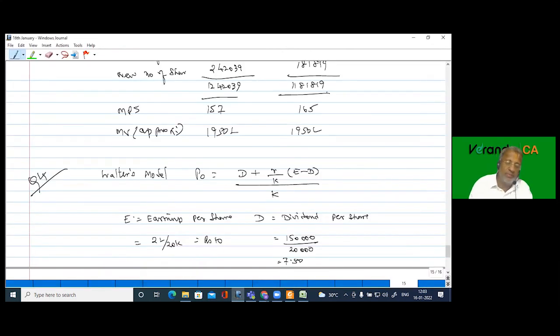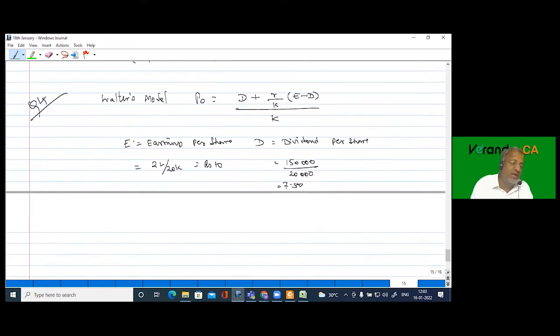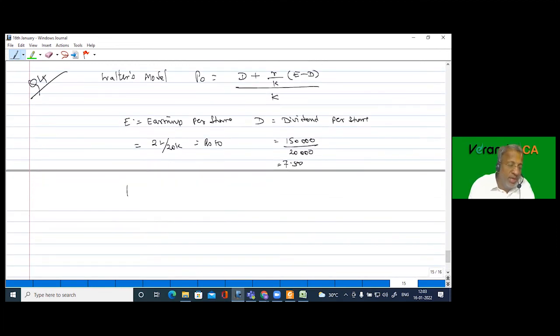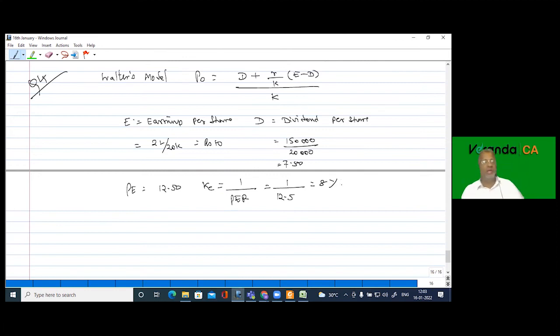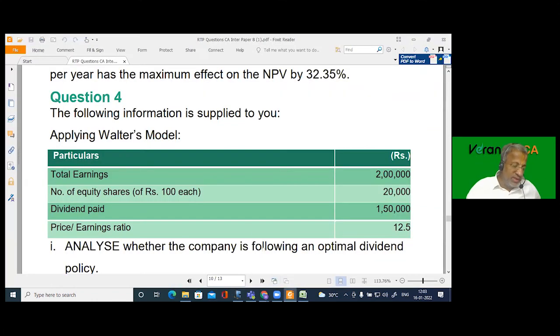What is the relevance for P ratio is what people might just think. So P ratio is equal to 12.5. We all know KE is equal to, there is one more formula, 1 divided by P ratio. 1 divided by 12.5. So that means it is 8%. K is equal to 8. Okay, we have just got it.